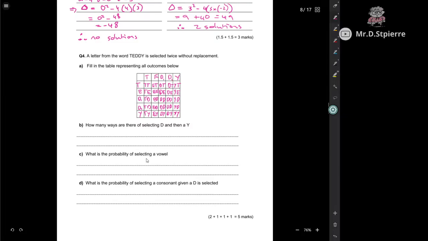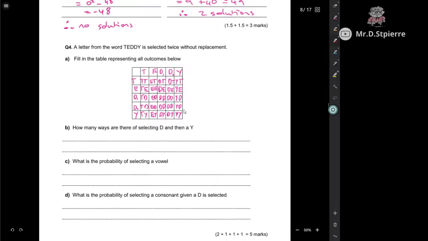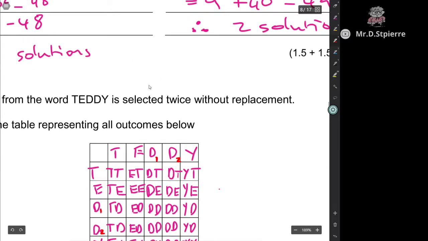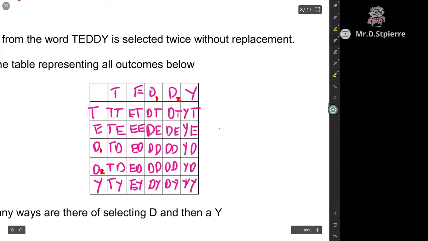Now, why I put that D1, D2 up here is because they're technically different Ds. It would be like if you had 2 blue pens, even though they're the same color, they're technically 2 pens. So even if you do without replacement, say if I pulled out D1 first out of my bag or out of the hat, there's still D2 sitting inside it.